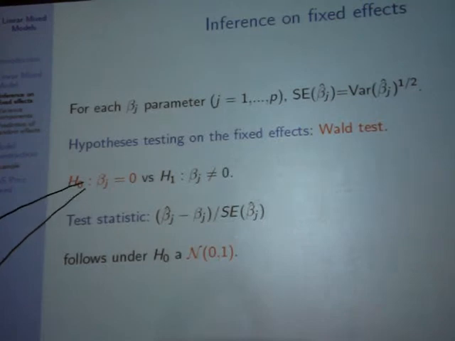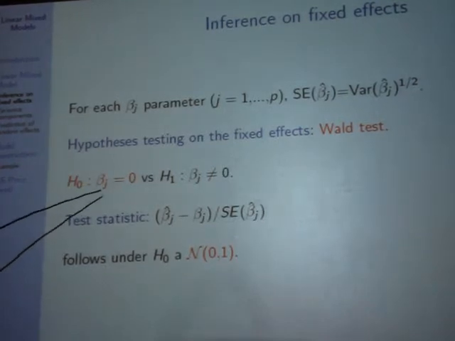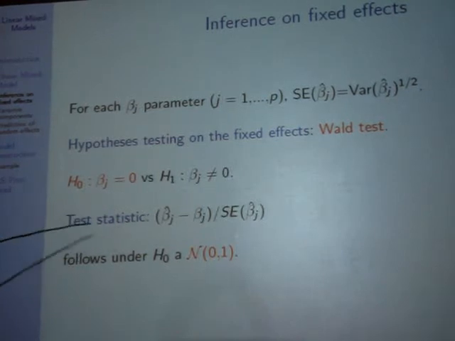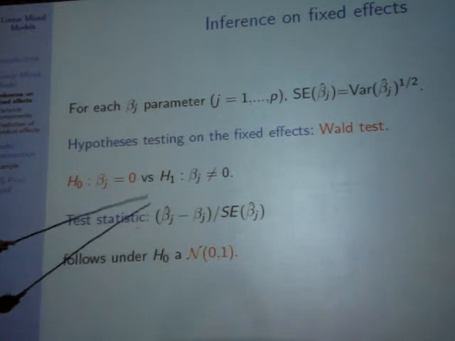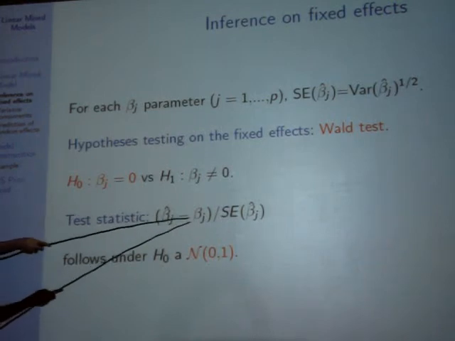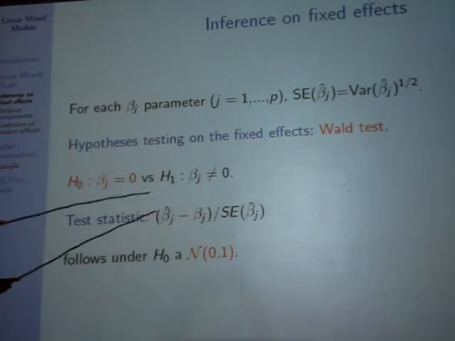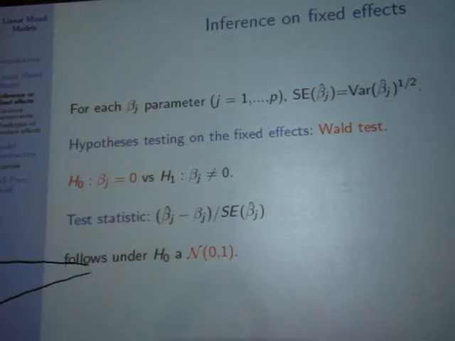For example, if you want to test if the parameter beta j is equal to 0 versus beta j different from 0, the test statistic can be written like this: beta j hat, the estimate of beta j, minus beta j, divided by the standard error of the estimate. And for one parameter, this test statistic follows asymptotically, under the null hypothesis, a normal 0, 1.